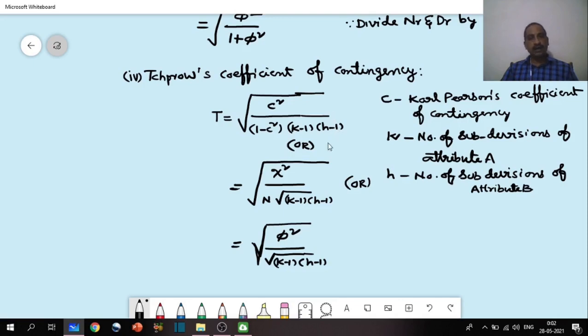Or else you can use chi-square by N into the square root of k minus 1 into h minus 1, or the square root of phi square by the square root of k minus 1 into h minus 1, where k represents the number of divisions of attribute A and h represents the number of divisions of attribute B.